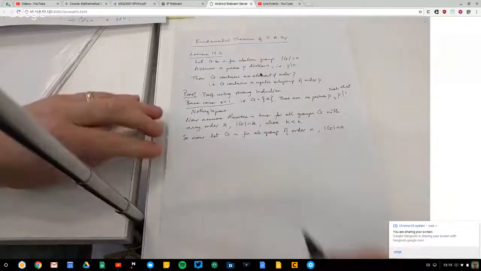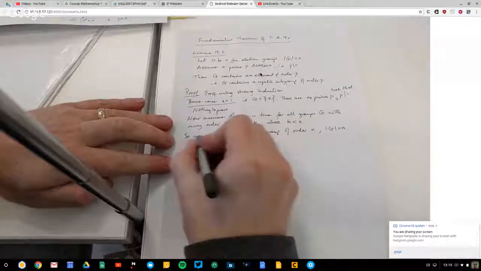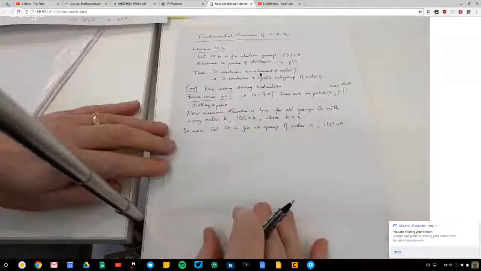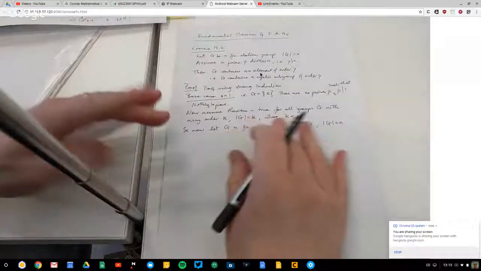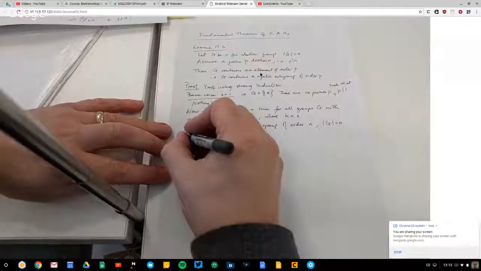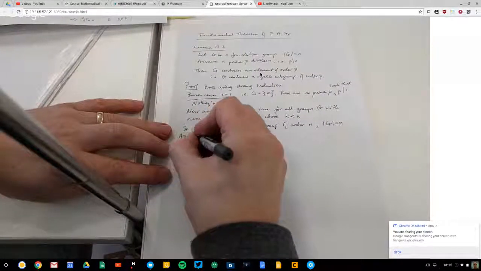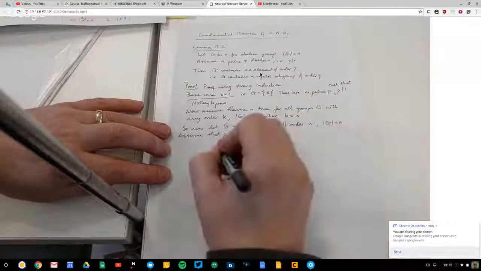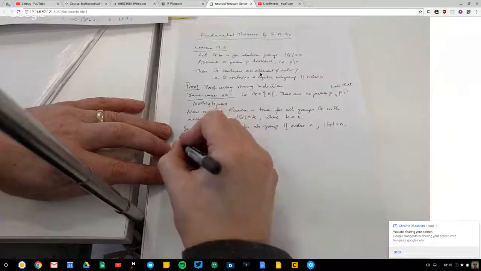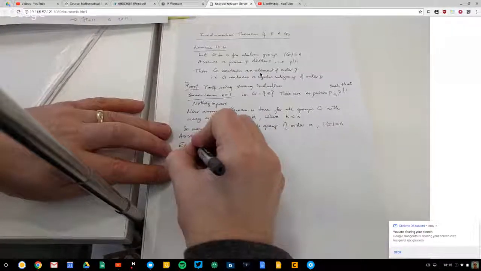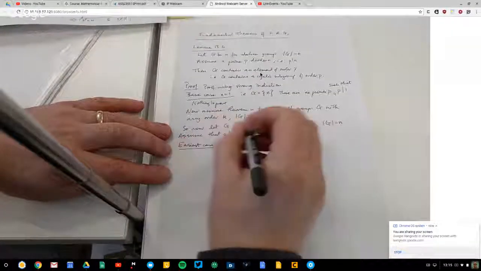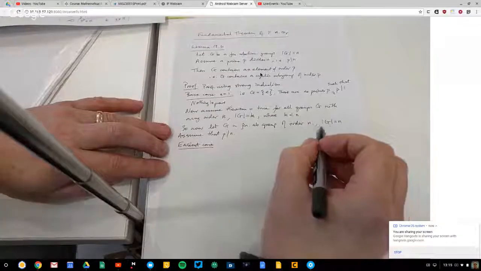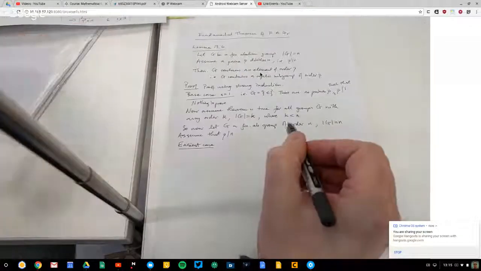So an easy case we can deal with first. Okay. This has to be handled quite delicately because all we know about G is it's a finite abelian group of order n. And we've also assumed that P divides n, some prime P dividing the size of n. Now the easiest case to deal with, because we've assumed very little about G, can make it difficult to make any progress.